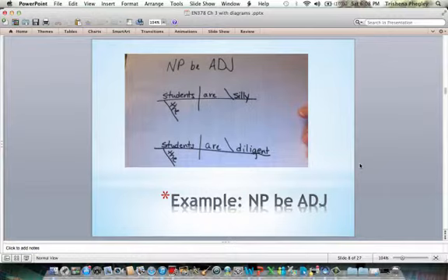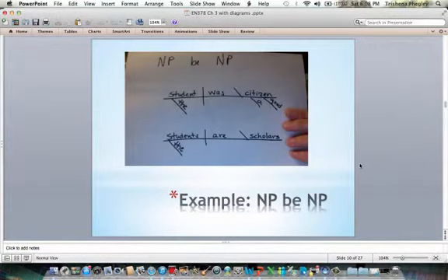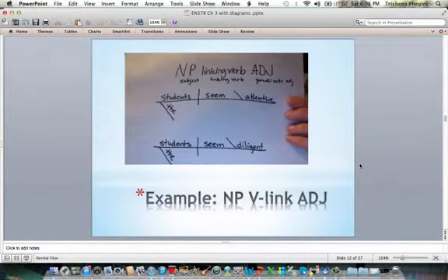If you look at the structure here on this diagram, you have your noun phrase, and then you have your linking verb. Your noun phrase is the subject, then the linking verb, and then the adjective. Some of you have learned that this is a predicate adjective. The adjective that follows the be verb or the linking verb is a predicate adjective. It describes the subject.